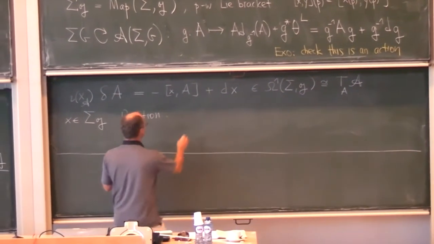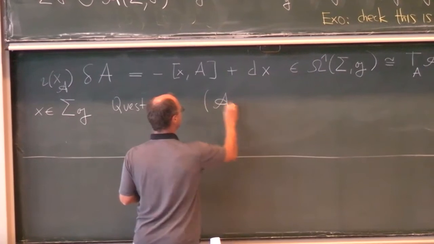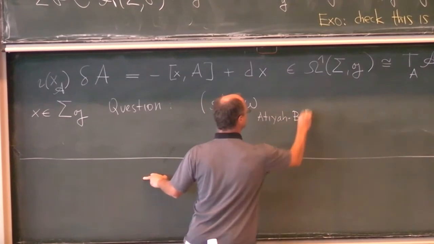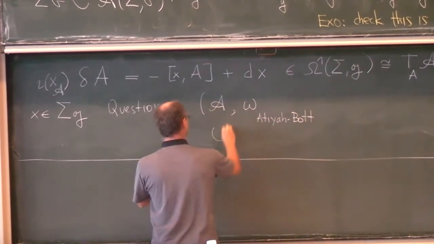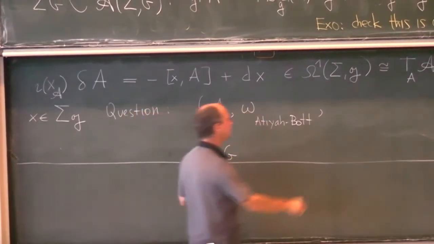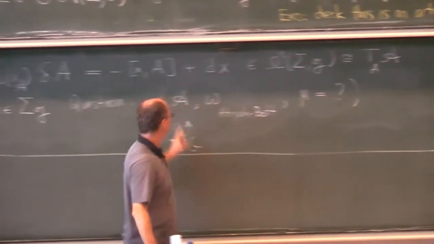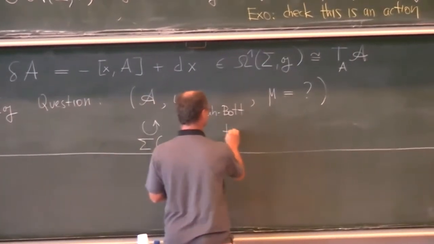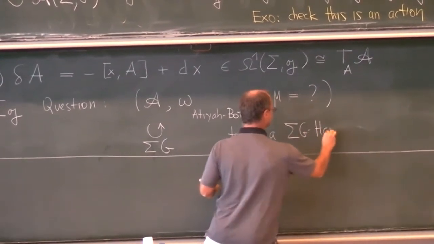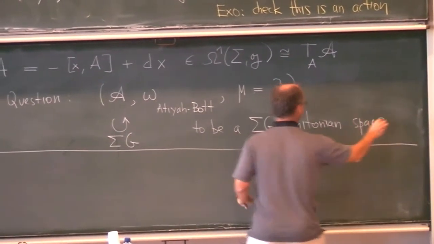So the question is as follows. We have A. We have the Atiyah-Bott 2 form. It is acted on by sigma g. So the question is, can one add here some moment map such that it becomes a Hamiltonian space?